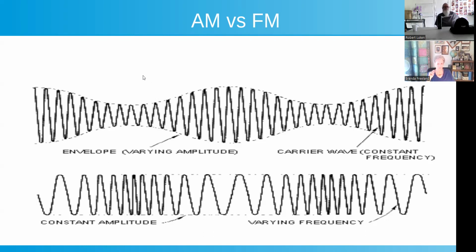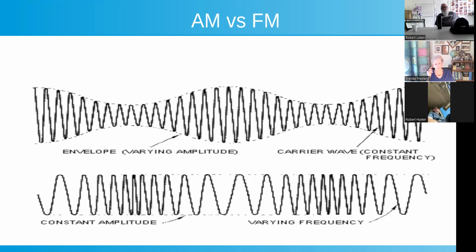The other thing is that with FM, because of the way it operates, you only hear the strongest signal. If there are two signals and one's larger than the other, you'll only hear the largest one, and you won't hear the other one in the background. On AM or single sideband, you hear everything, including static. You can hear somebody clear and somebody not so clear, and static and lightning discharges, and that's a big difference between AM and FM.